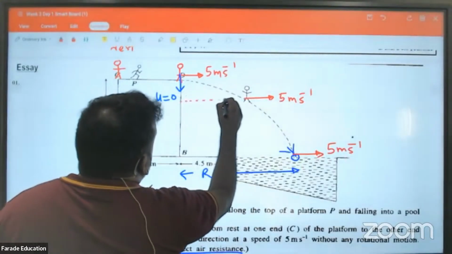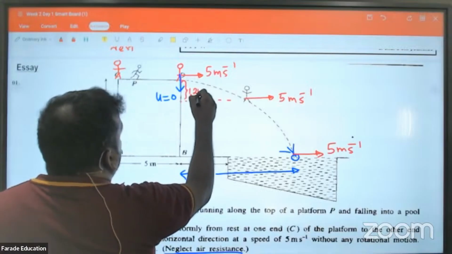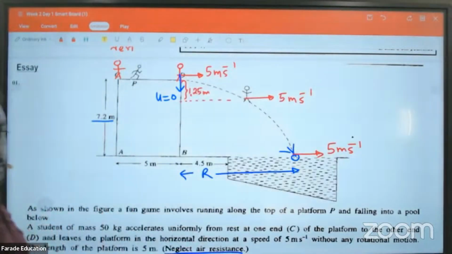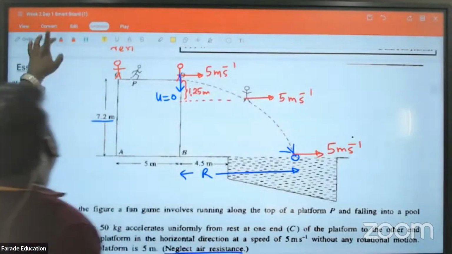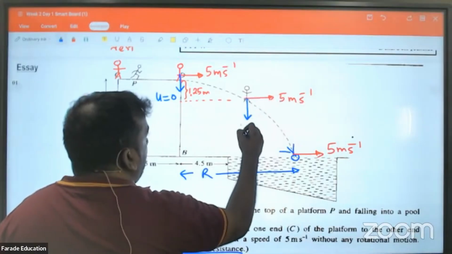Let's say he is at a height of 1.25 meters from the top. Look at the board. There will be a horizontal velocity and a vertical velocity.